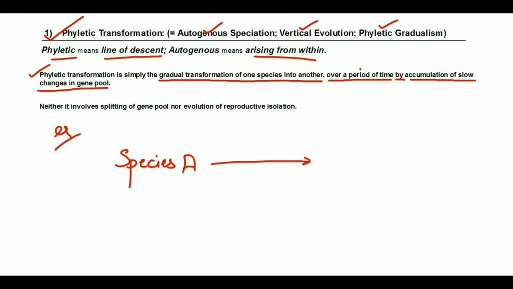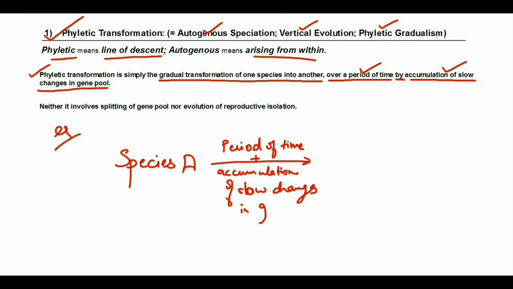We have species A, and over a period of time, by accumulation of slow changes in the gene pool, it transforms into species B. So this is how phyletic transformation occurs.